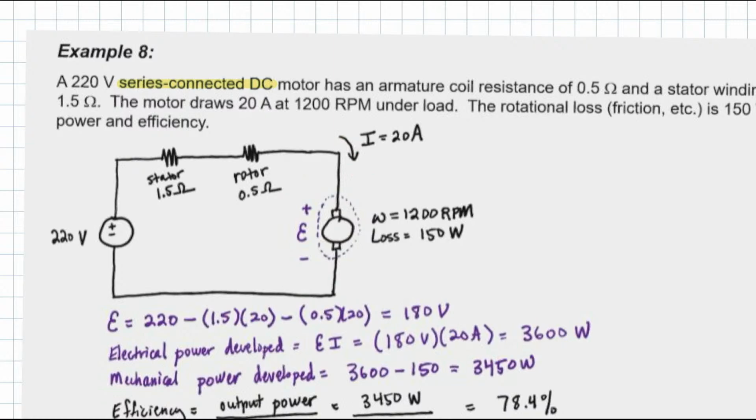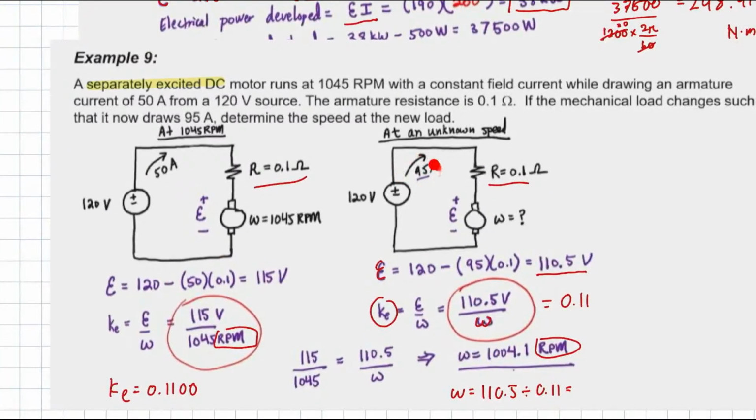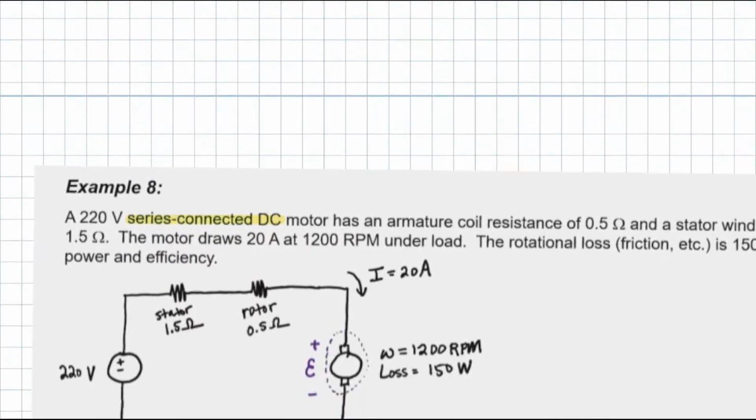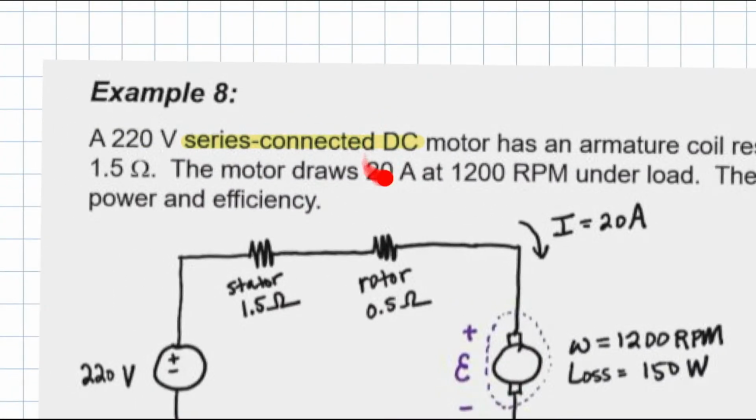So this is the internal motor, it draws 20 ampere at 1200 rpm. Did you notice only the ampere changes, the voltage doesn't change? Because for a DC motor we assume the voltage is constant.